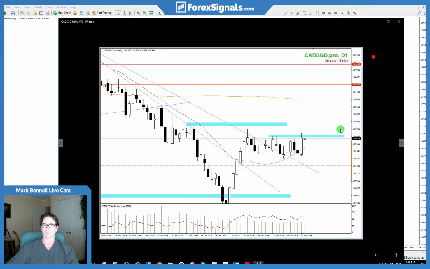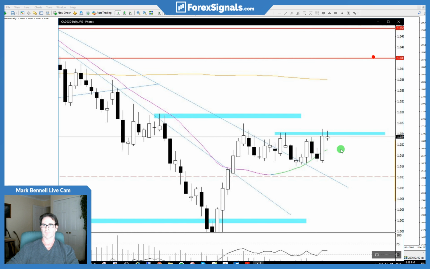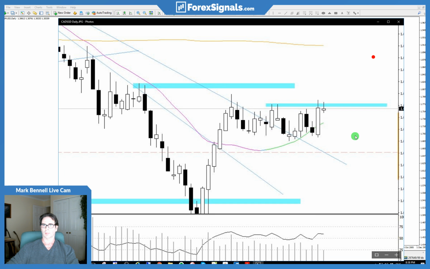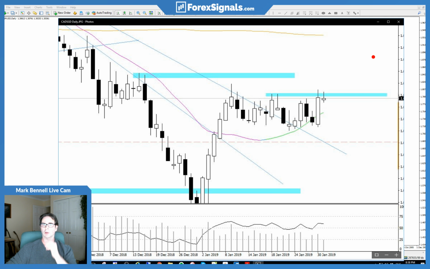All right, CAD Singapore. So let's have a look at the context. Nice big push. V reversal, or our Yo V as we call it. Nice basing structure. Here's our pattern here.